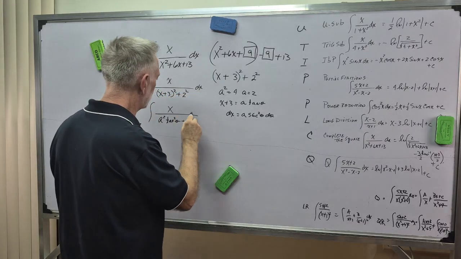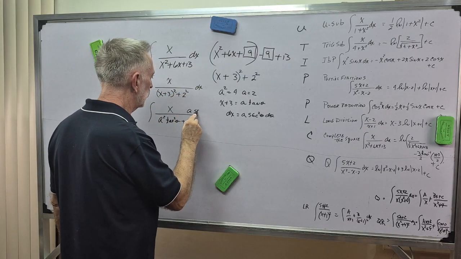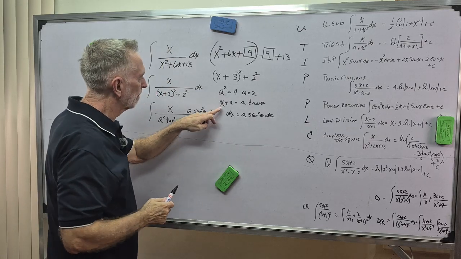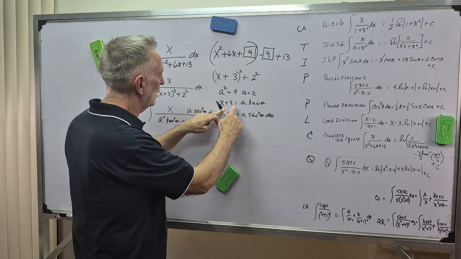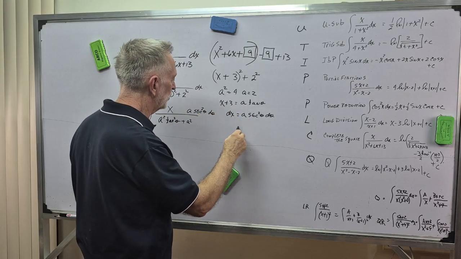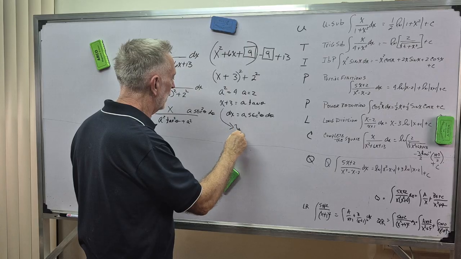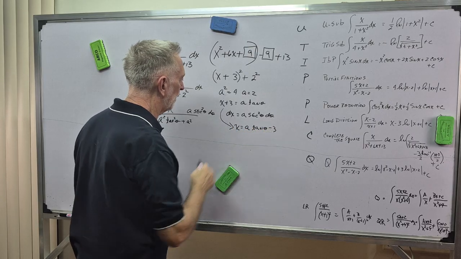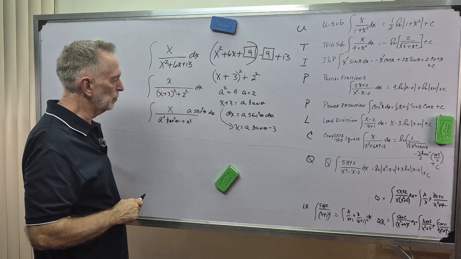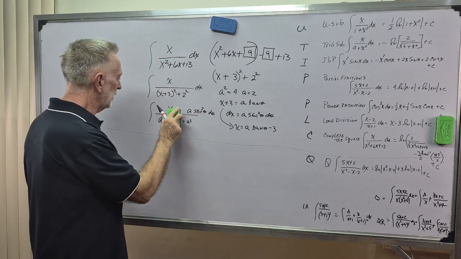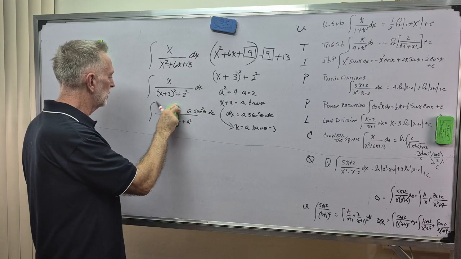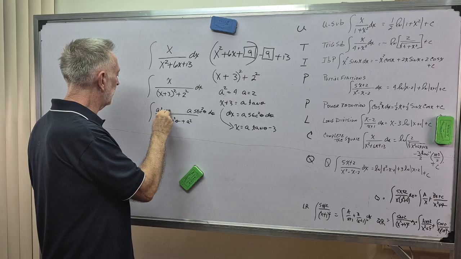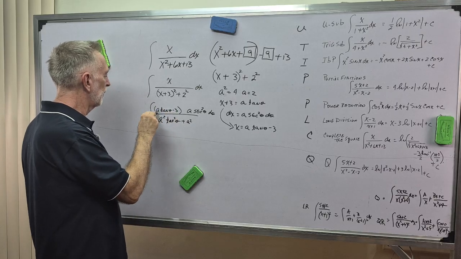We have dx, which was a secant squared theta d theta. x, if I solve for x in this equation, x equals a tangent theta minus 3. I subtract 3 from both sides. So let's replace that x with a tangent theta minus 3.